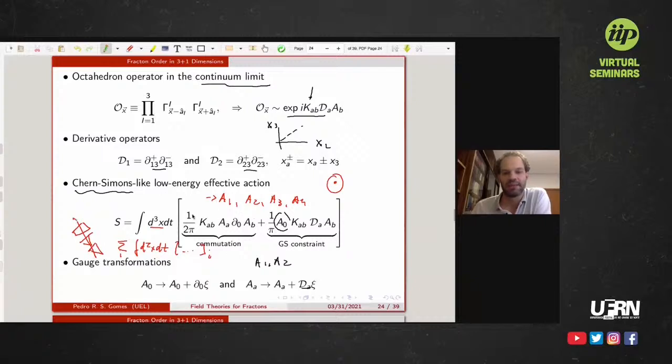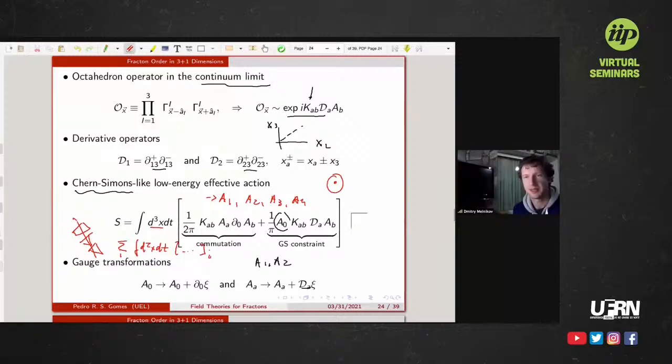But I don't know what to say about the diffeomorphism and topological invariance of this action. I think the best thing to say is that to describe a fracton, we need some information about the lattice, some information about the geometry, not only topological aspects.